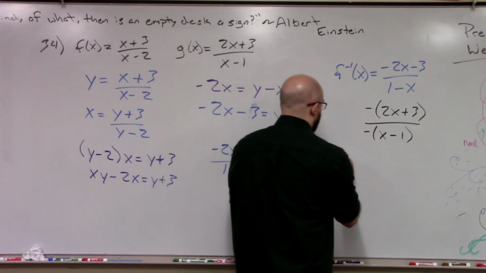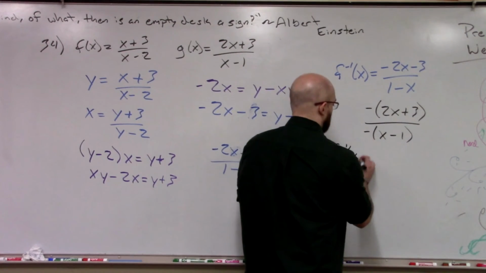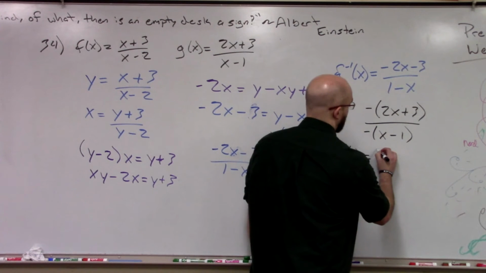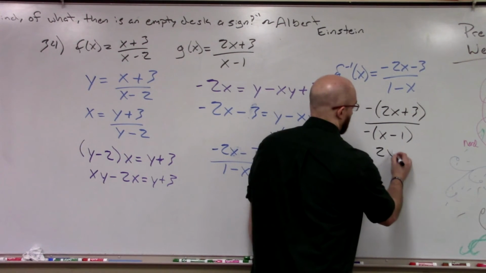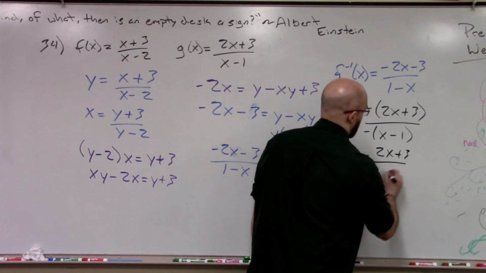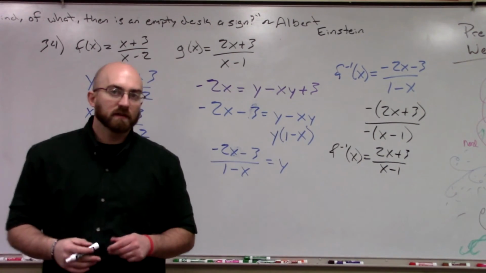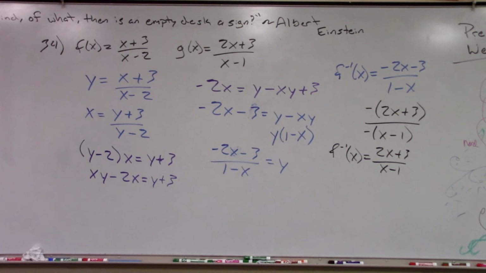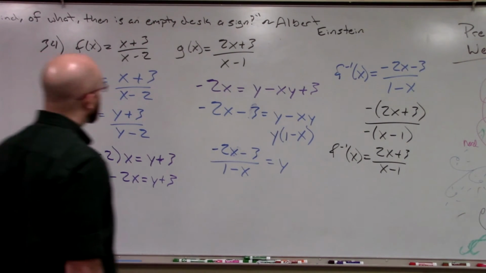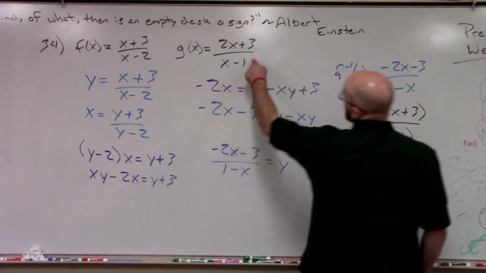And so for our final answer, we get 2x plus 3 over x minus 1. So as you can see, this is an inverse function, because this matches this.